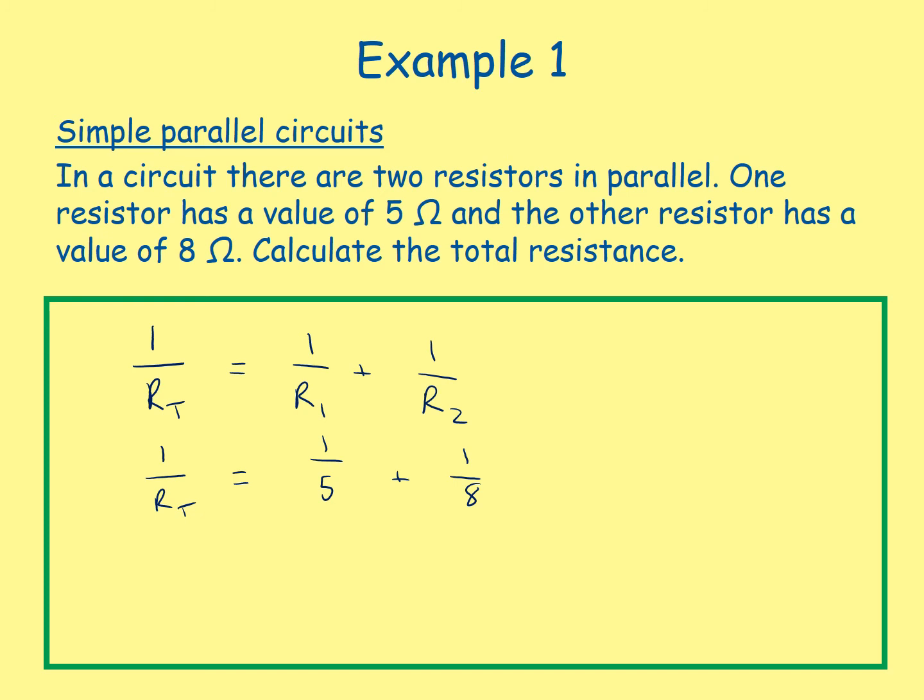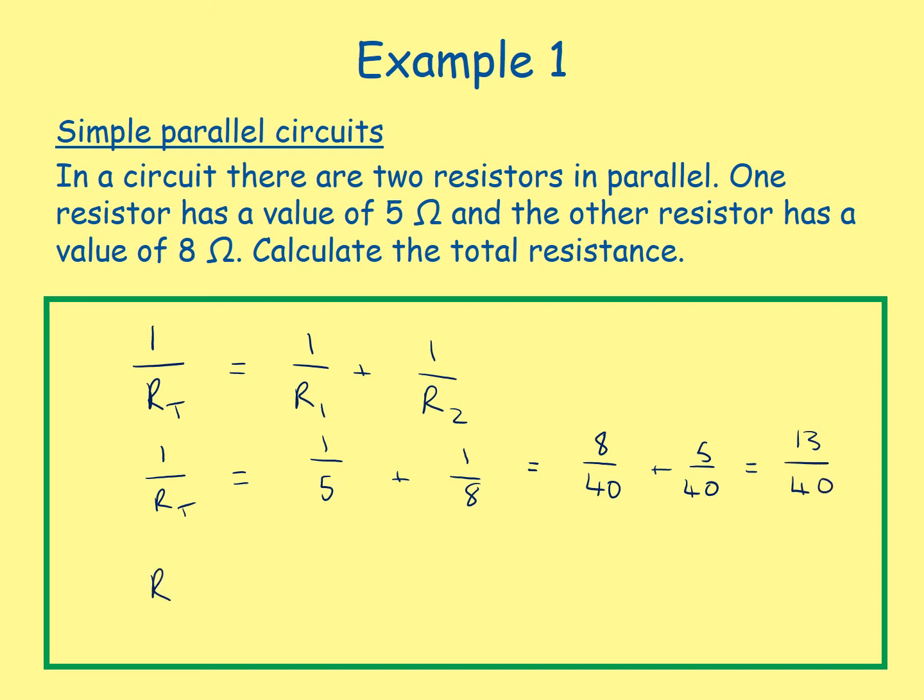You can either pop this straight into your calculator, the 1 over 5 plus 1 over 8, or you can manipulate the fractions. I'm going to show you quickly how to manipulate these fractions. Both 5 and 8 go into 40, so we can say 8 over 40 plus 5 over 40. And then we can easily add these fractions, so that becomes 13 over 40.